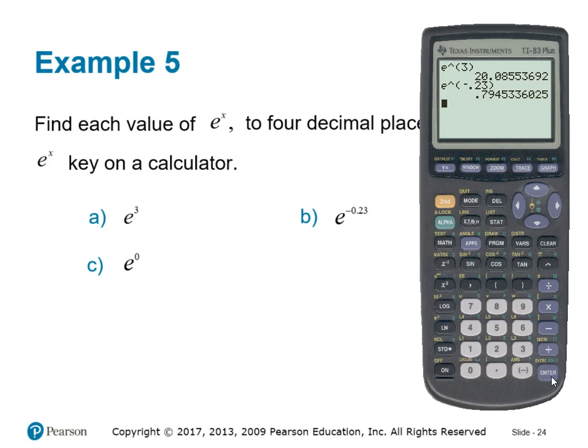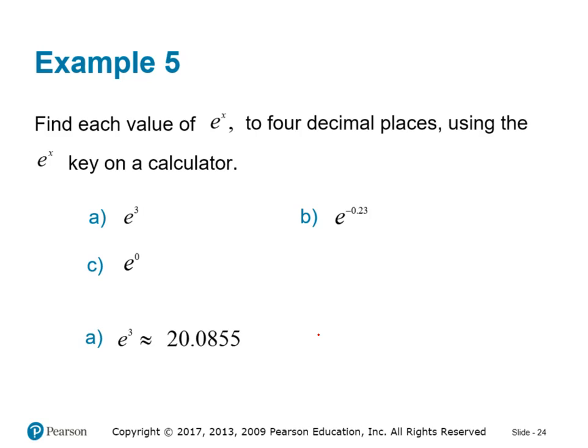Well, this last one, I'm hoping that nobody needs to actually use a calculator for this, because this is e to the 0. And everything raised to the 0, with the exception of 0, is a 1. All right? So I'm going to go ahead and show these off. All right. So that's pretty straightforward.